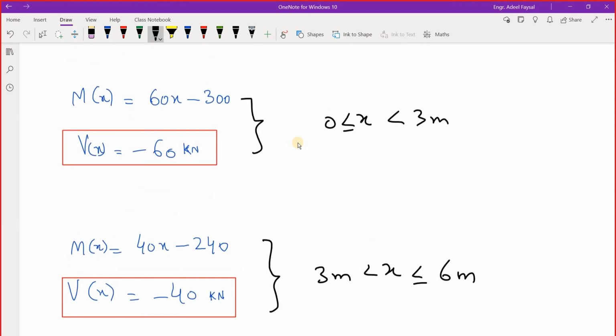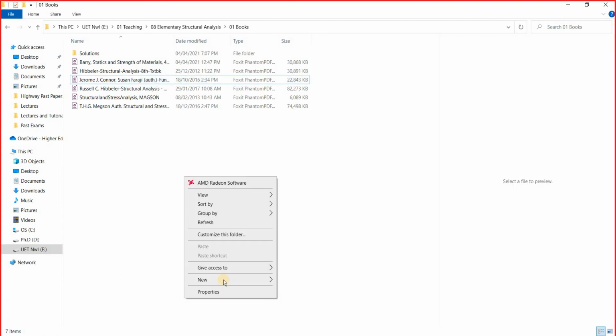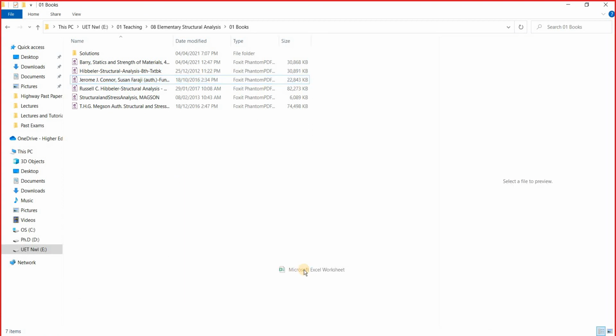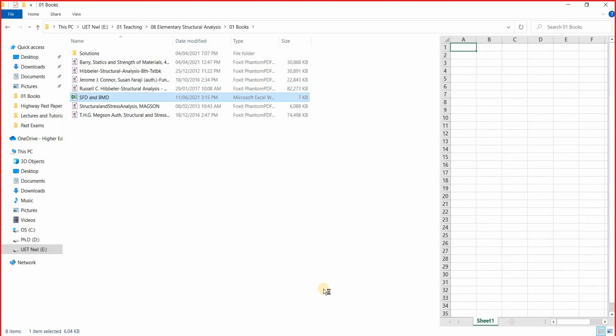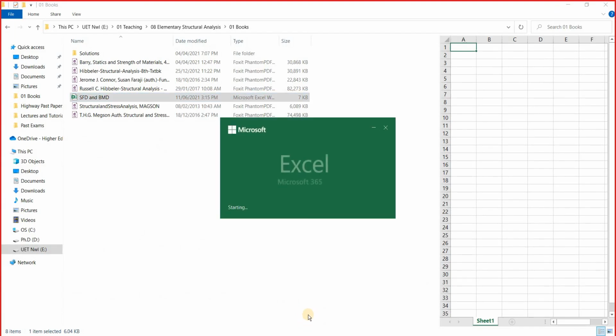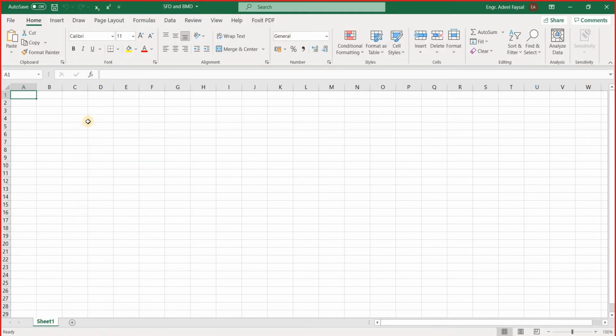Now we need to plot these equations. If you're using a computer, you can use Excel or anything else you like. I will use Excel and plot these equations, the SFD and BMD, using the equations.